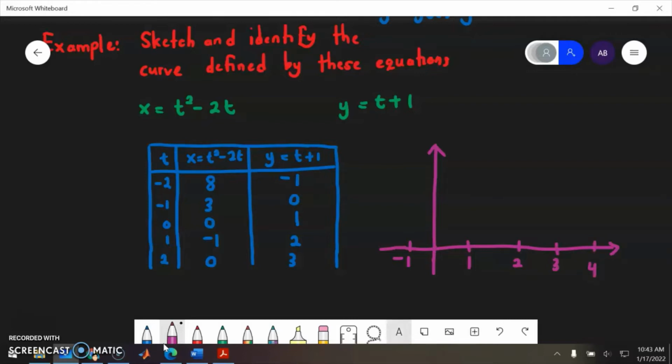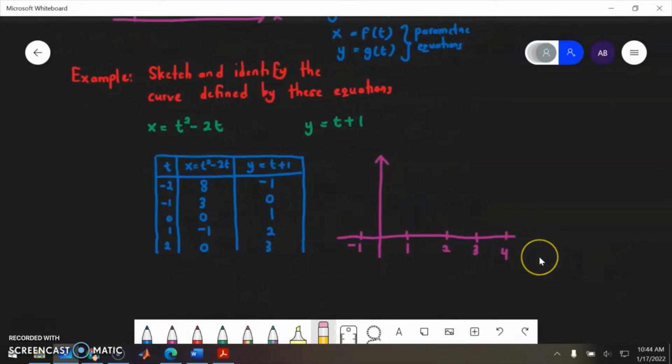I have to go until 8, so 5, 6, 7, let's say 8 here.